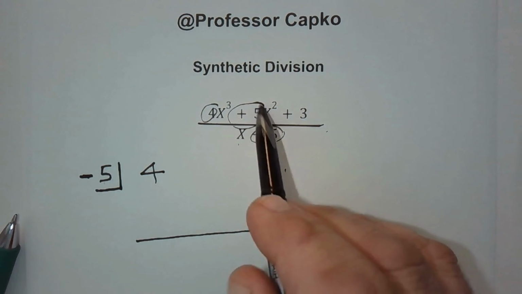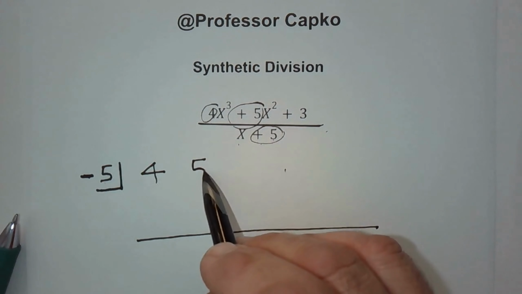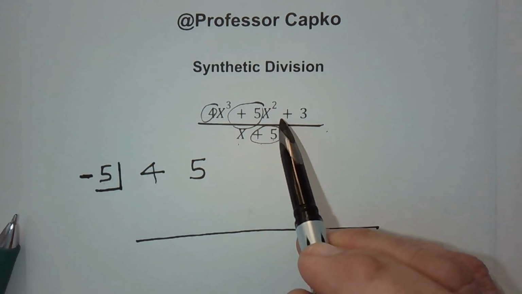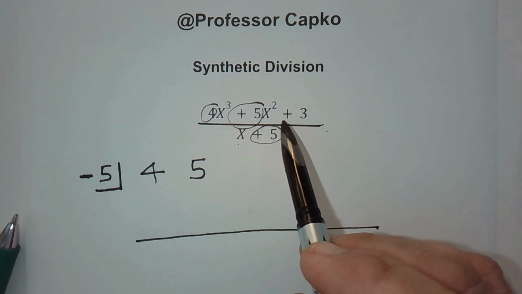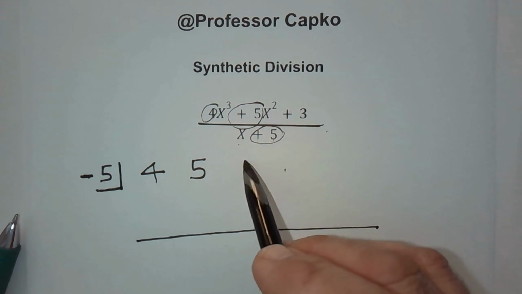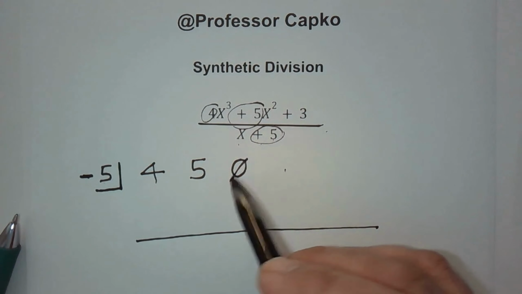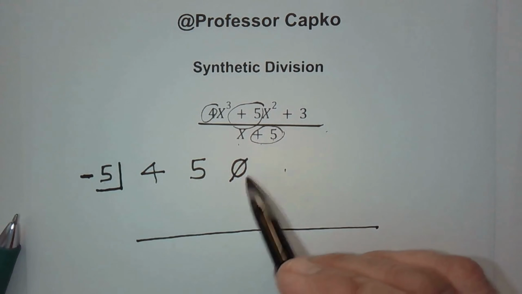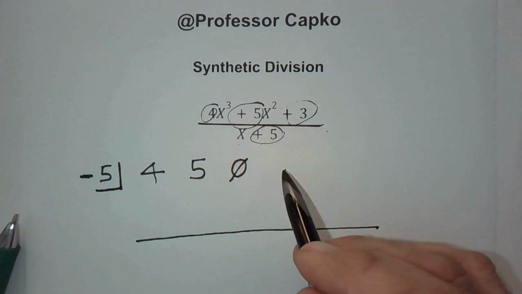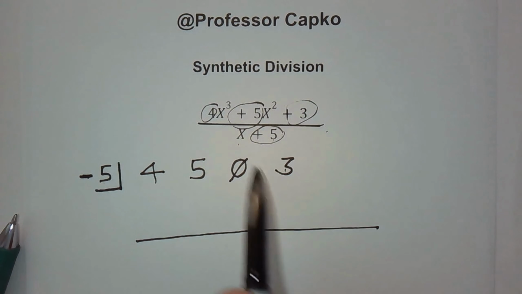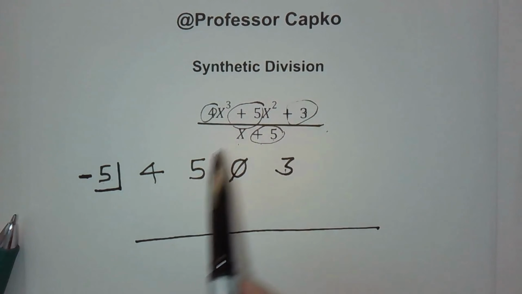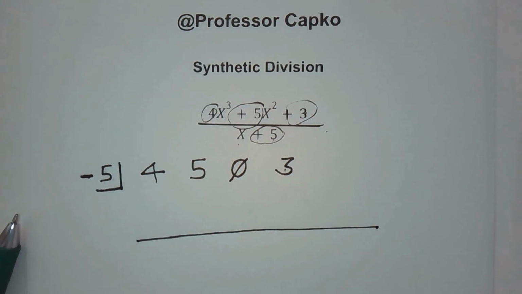The next one is a positive 5, so I copy that here. We don't have an x term. And just like we did in long division, we need to have a placeholder. So we're going to put a 0 here for that x term because it's 0 times x. And then we have this final constant 3. I'm going to copy that there. So all we have done is taken these numbers, leaving the variables behind, and recopied them here in the same order.